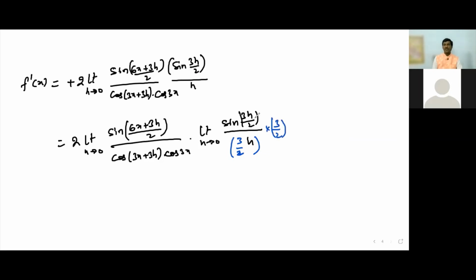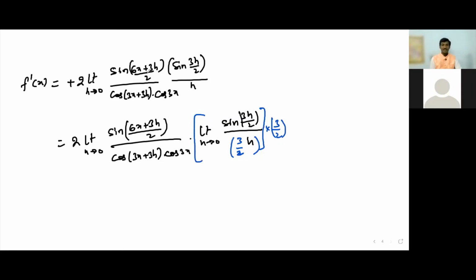Here we can apply the formula sine theta by theta. In the first term we substitute h is equal to 0, in the second term we apply the formula.